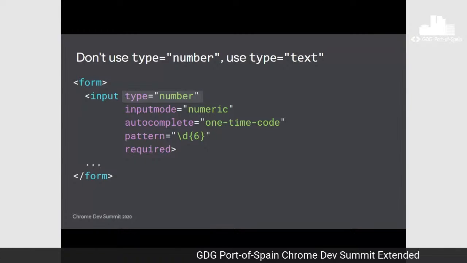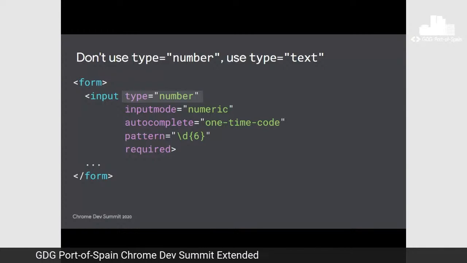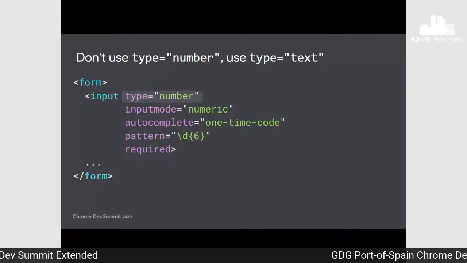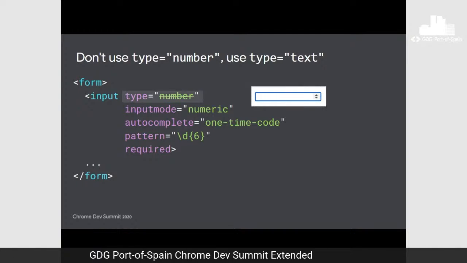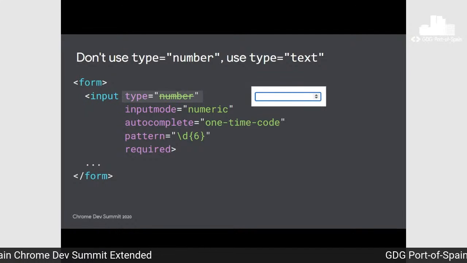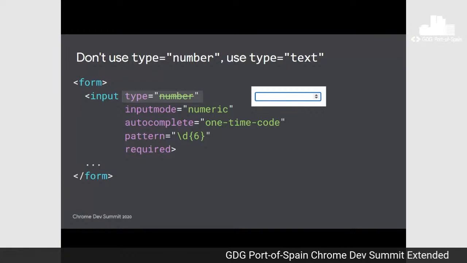So if you're putting a numeric field on your form, you may be tempted to use the number type. However, that will give you this stepper, I don't know what you call it, like a drop down. It's an awkward number counter input, right?